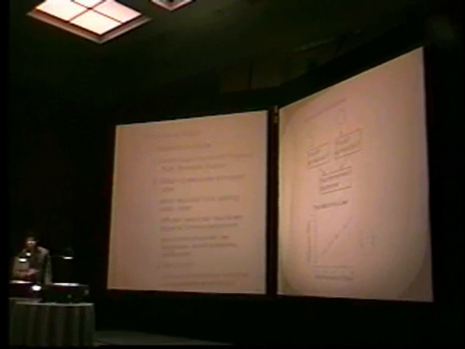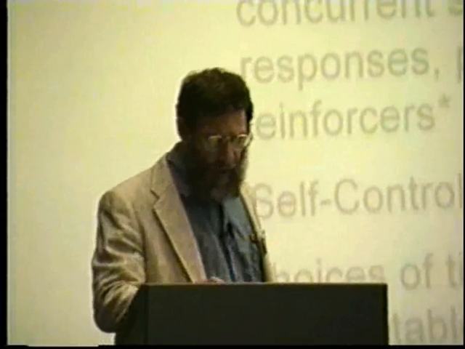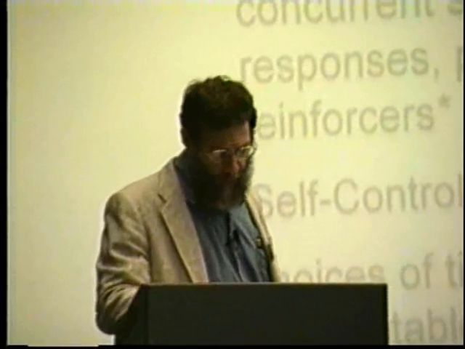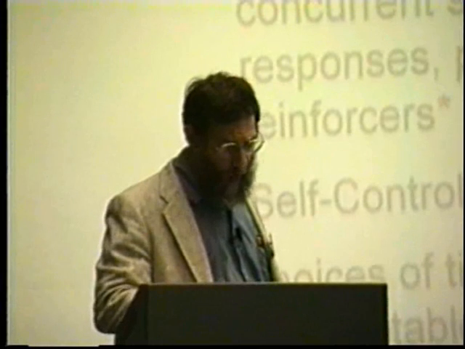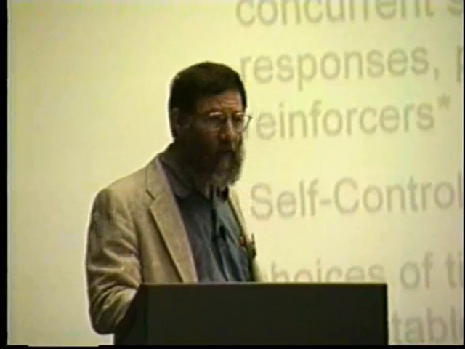And this is expressed in this equation here, that the ratio of behavior tends to equal the ratio of reinforcement. Now, this matching law is of great interest to behavior analysts, and I'll come in a moment to how theories of choice attempt to explain it.